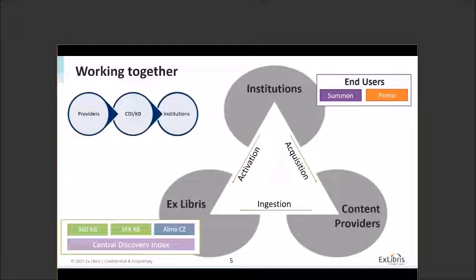But the source of the record, the source of what we are showing in our products, is the providers. The provider is sending us the content. We load it to the CDI and the KB, and the institutions or the users can browse for it and see it in our UIs.